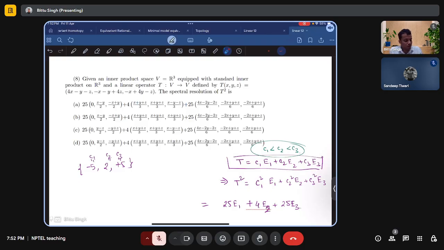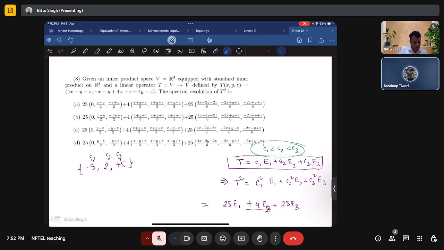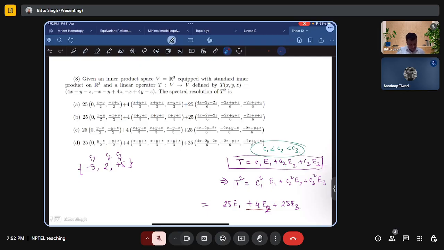So if we write it that way, then there should be only a single 25. So we have seen that D is correct. Those two things will be merged, because 25 and 25 are the same. Yes. So let me check the definition actually. Whatever you have raised, that question is genuine.